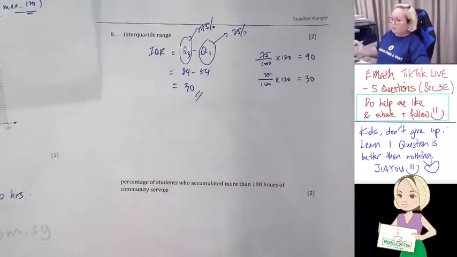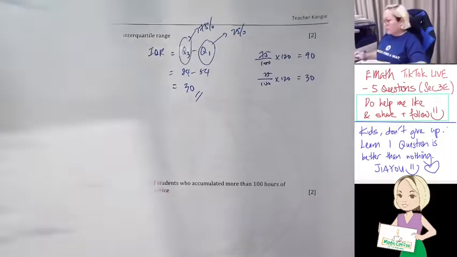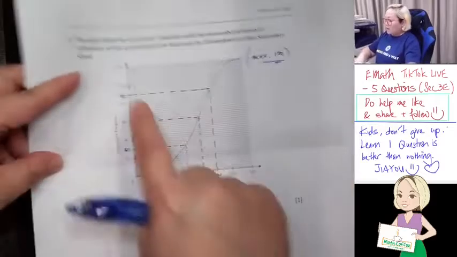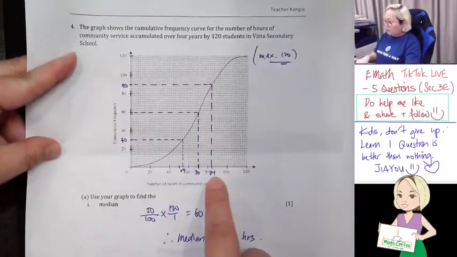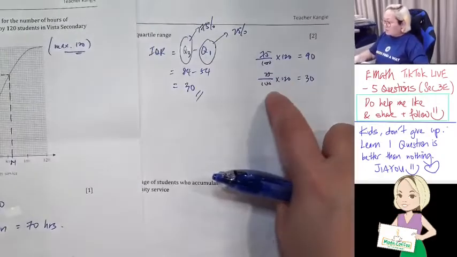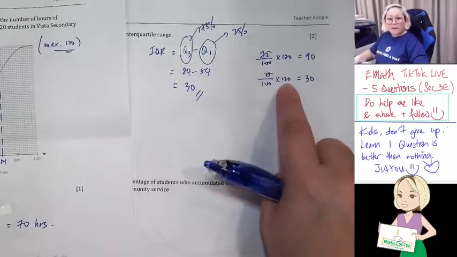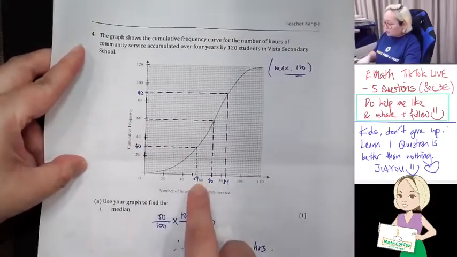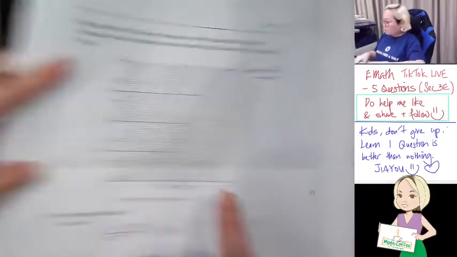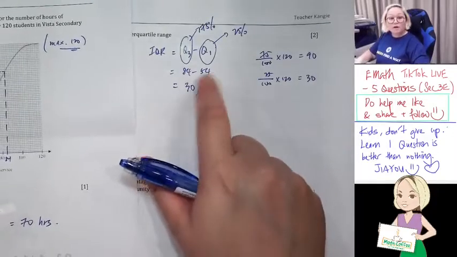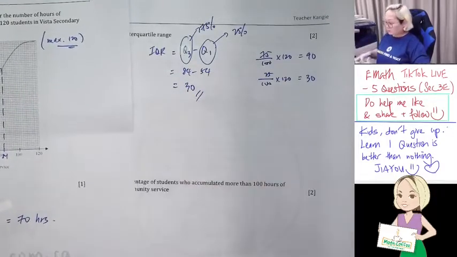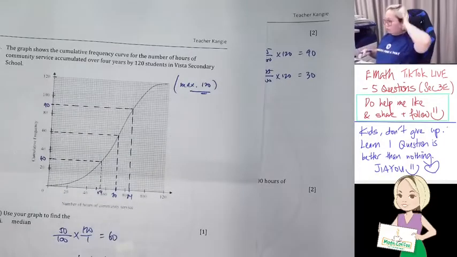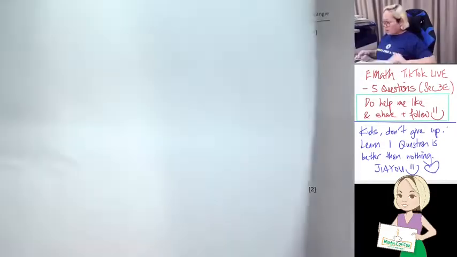That will be the interquartile range. So what I did was 75% times the maximum is 90, I go to 90, 84 hours. 25% is Q1, so 25% times 120 is 30, and I go to 30, 54 hours. So 84 minus 54 gives us 30.